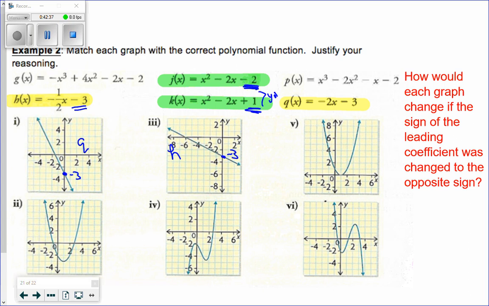So this is the y-intercept. See how they're different numbers? Because they're different numbers, we just have to match up the y-intercept. So this one has a y-intercept of 1. This one has a y-intercept of -2. So this one has to be J, and this one has to be K.